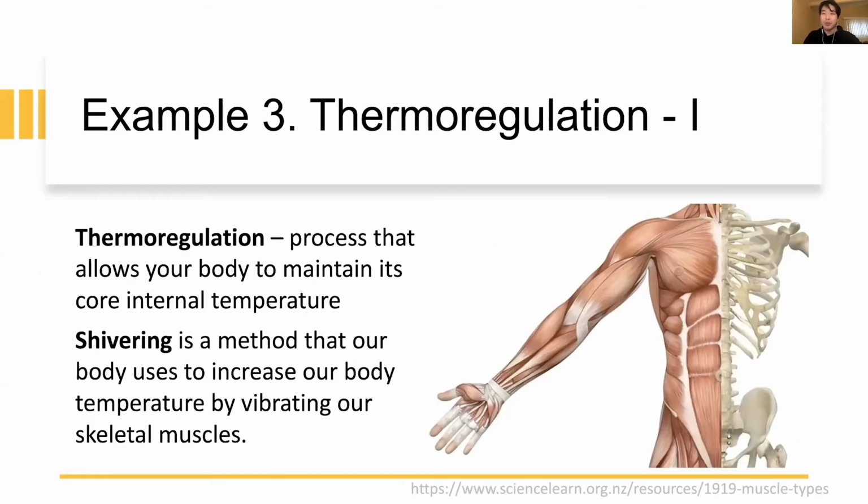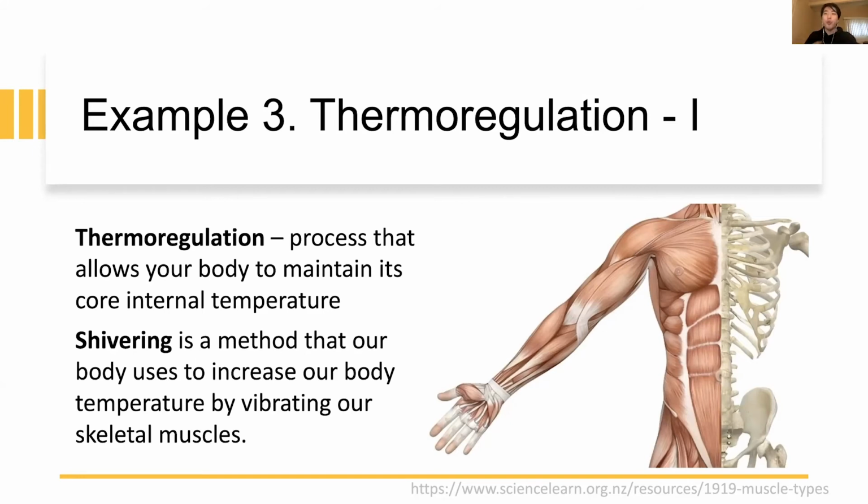I'm not going to go deep with this, but our body has something called thermal regulation. Our body detects temperature because we have temperature sensors, and it tries to maintain core temperature as stable as possible.